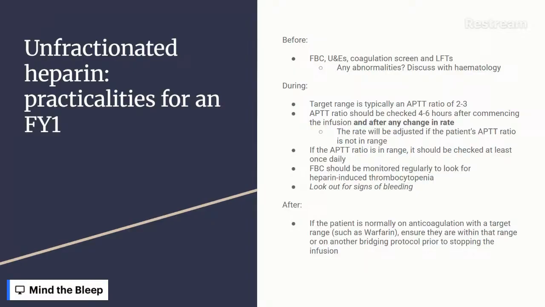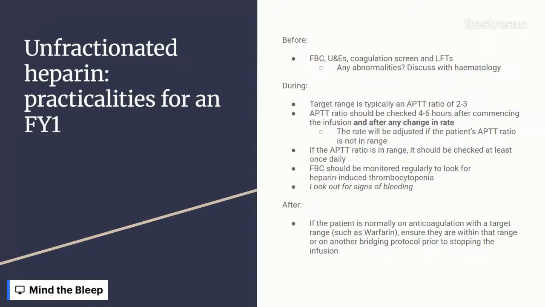The APTT ratio needs to be checked 4 to 6 hours after starting the infusion and after any change in rate. The nurses will be changing the rate, and sometimes they'll change the rate and then do the bloods, but you'll be expected to review the bloods. That doesn't mean you need to do an APTT ratio every 4 to 6 hours, because people can be on them for multiple days and you don't want to be stabbing them multiple times a day.